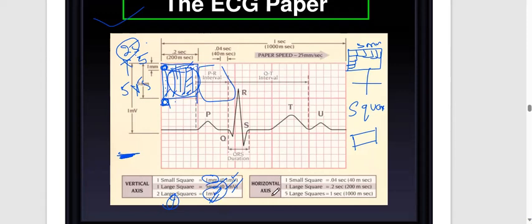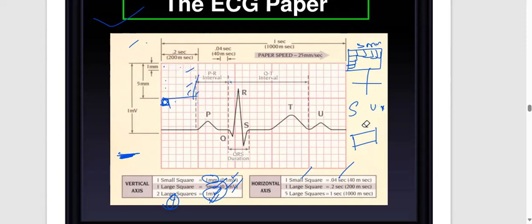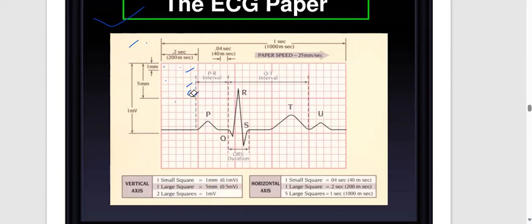If you come to the horizontal axis, the amount of time to travel horizontally, okay, it will take 0.04 seconds for one small square. Small squares are 1 mm each in breadth and length.